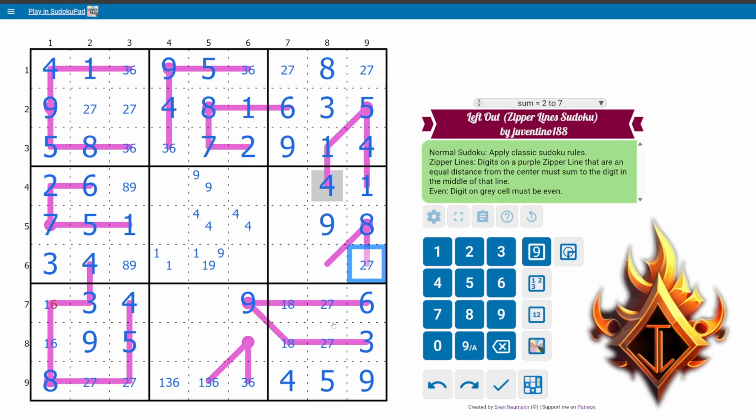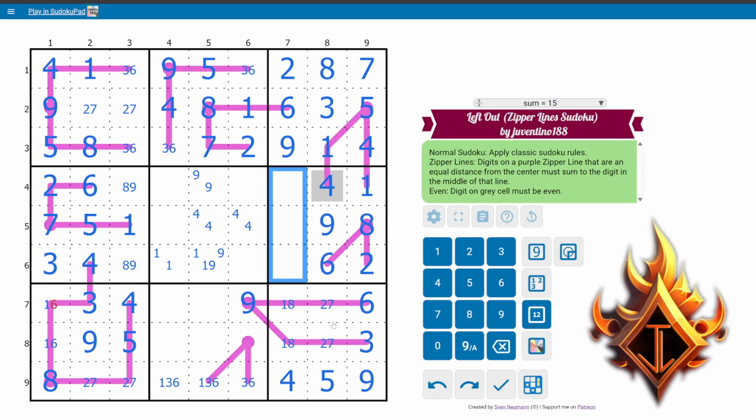Dang. Can't hit the buttons today. This is a 2, 7. 7 cannot be here because 1 is right there. So this is 2, that is 6. These will be 5, 3, 7.